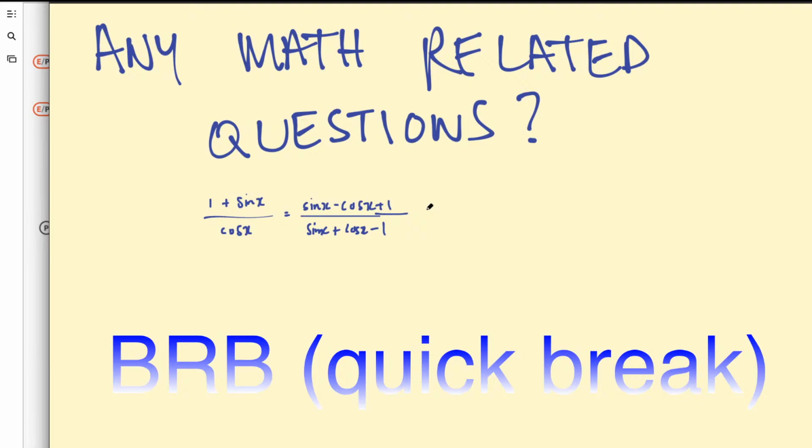Yeah, I was wondering which side to start with, the left or the right. You might be right. Starting with the left could be helpful. Let's just go with the right hand side. I just want to write it slightly differently.